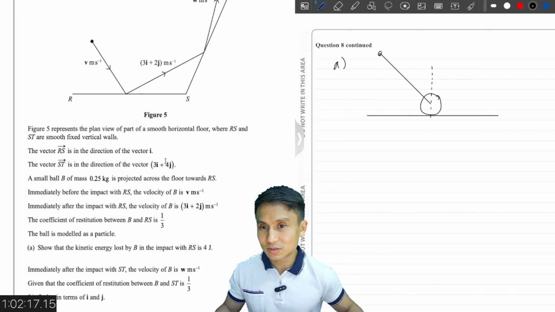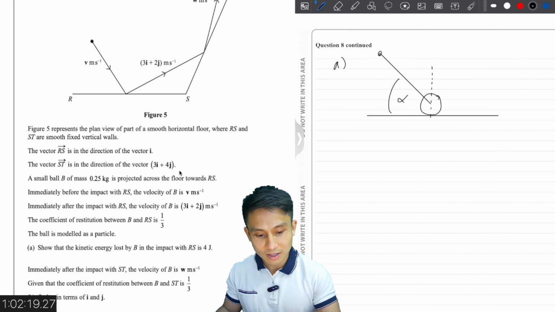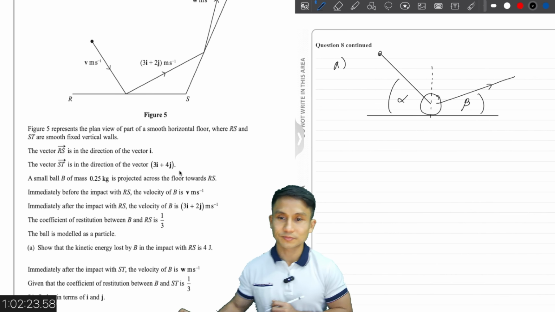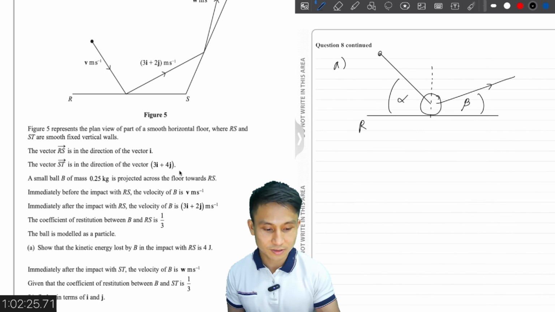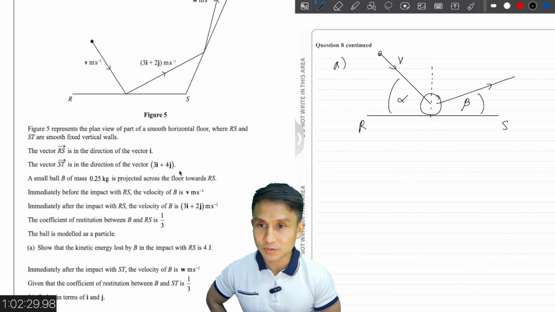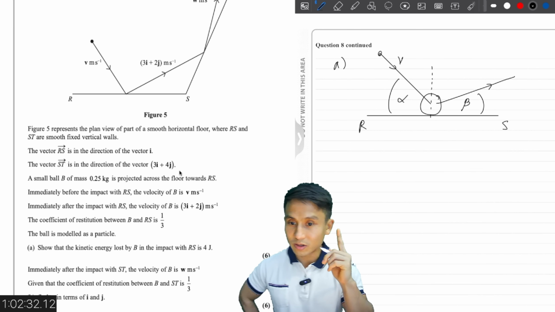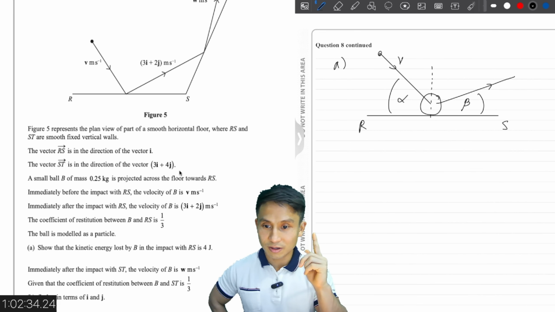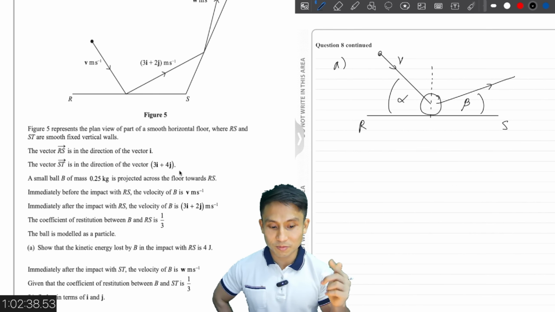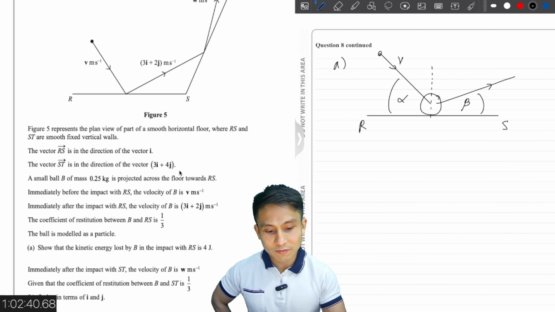Okay, so let's make it alpha, and so this will be beta, right? At RS first. So basically we have a V here, incoming speed, and then we already know the velocity of B after the impact. So we can find the angle beta as well using just the vector here.